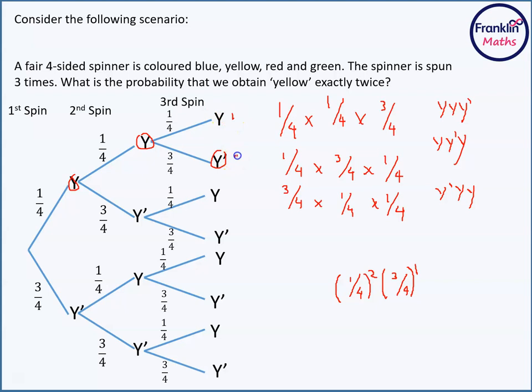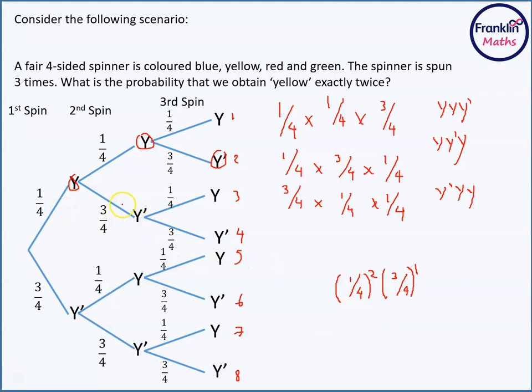We've got 1, 2, 3, 4, 5, 6, 7, 8. Okay, we've got 8 different outcomes.